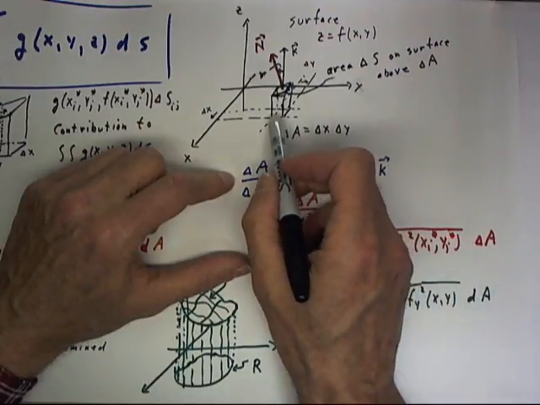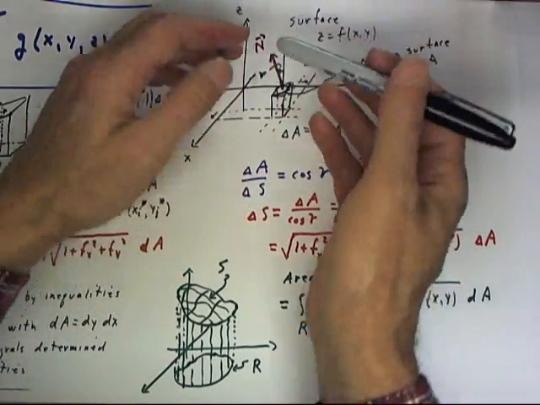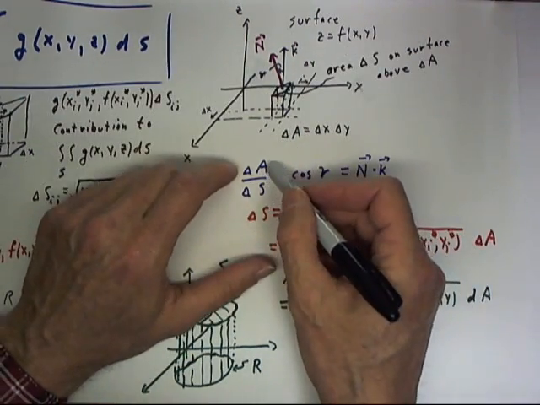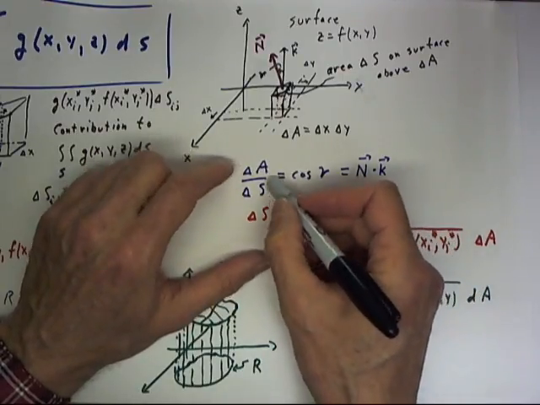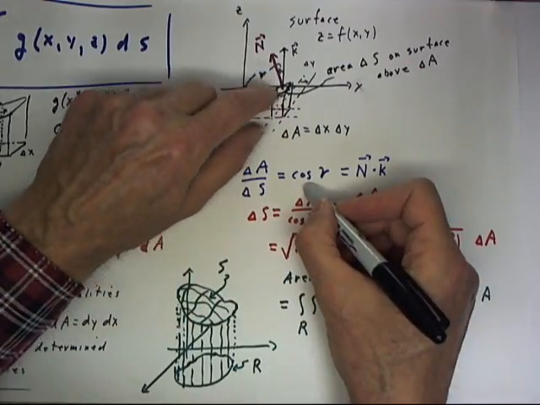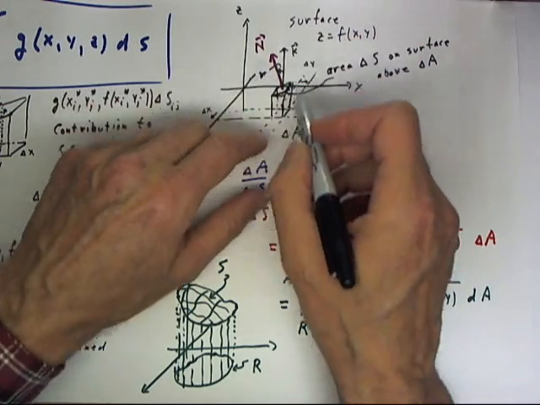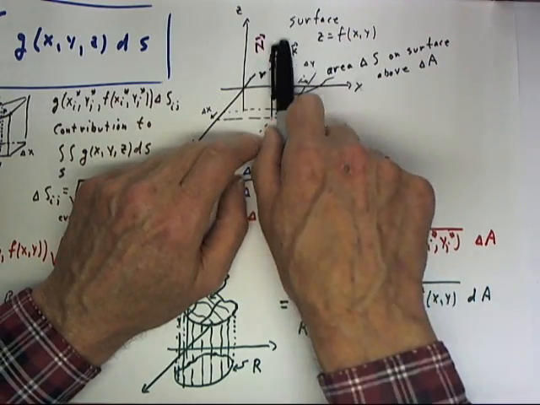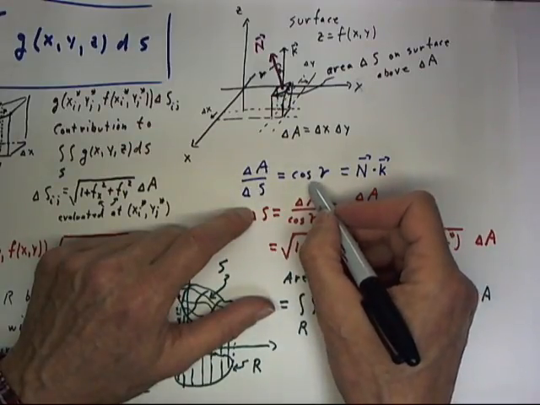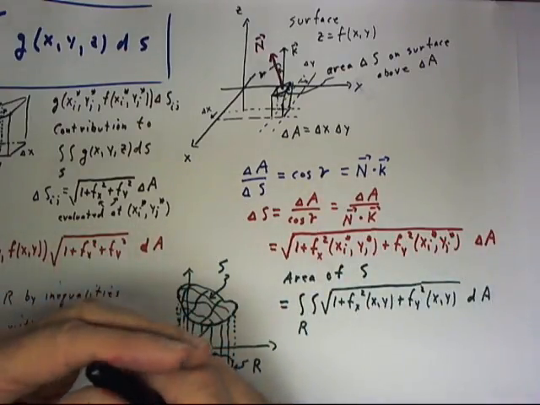Clearly, the area down here in the plane is less than the area that you get when you project up onto a surface that makes some angle with the plane, so delta A is less than delta S. This ratio is the cosine of gamma, where gamma is the angle between the normal vector to the surface and the vector perpendicular to the xy plane, that is the k vector. So delta A over delta S equals cosine of gamma equals n dot k, where n is the unit normal.